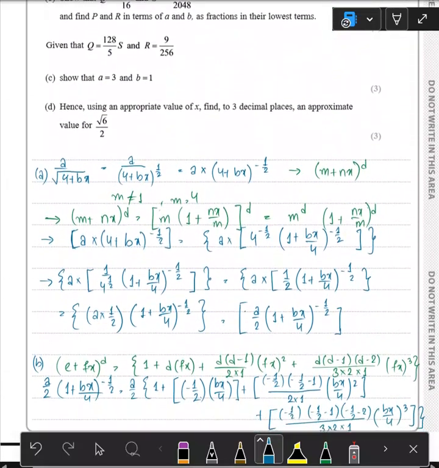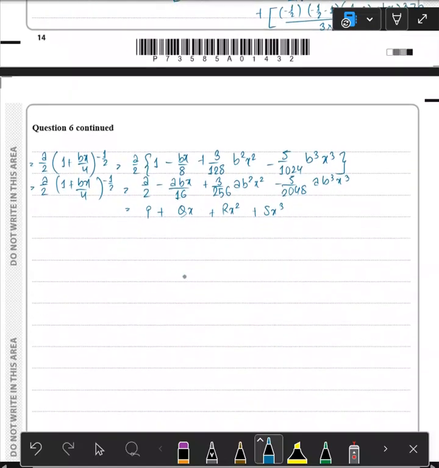So here they have access to show that q and r is equivalent to that. So the coefficient of x here is q and the coefficient of x here is negative a by b equals to 16.